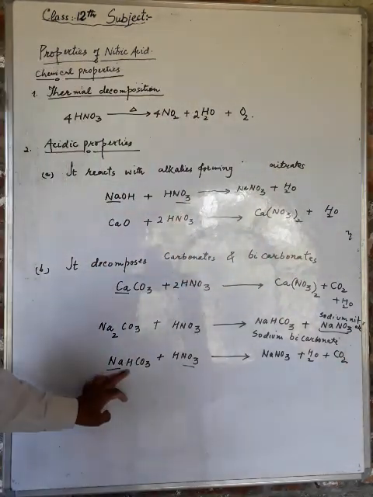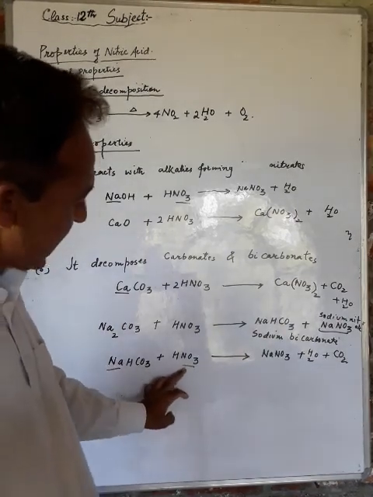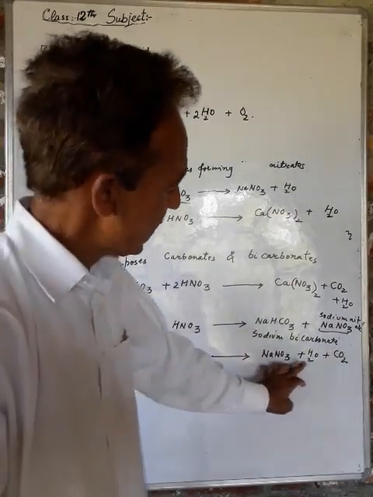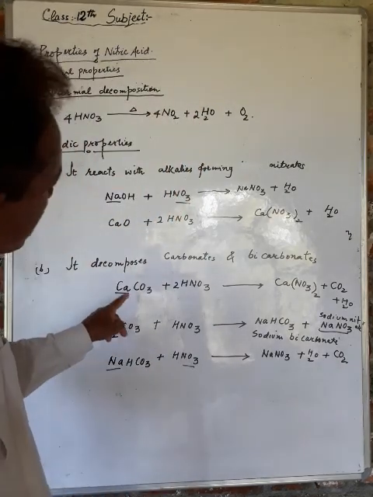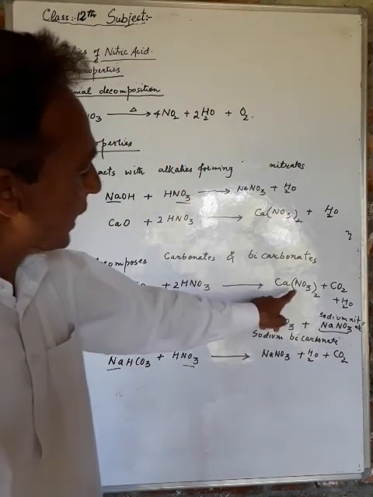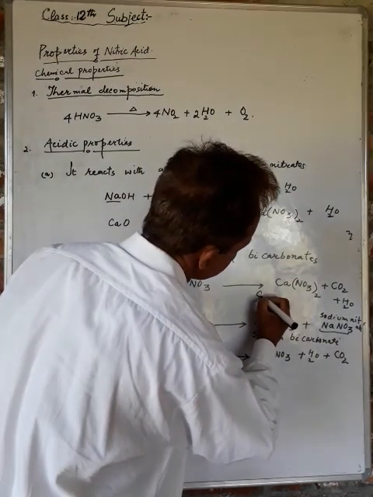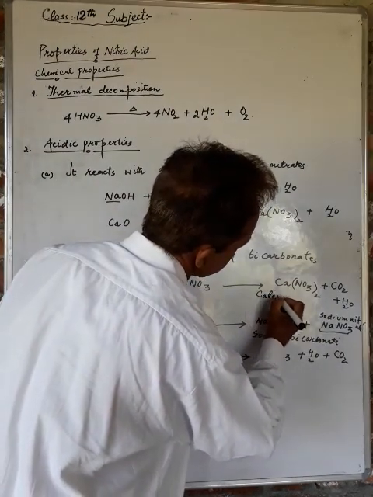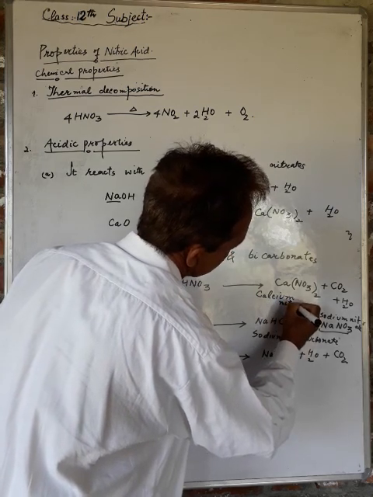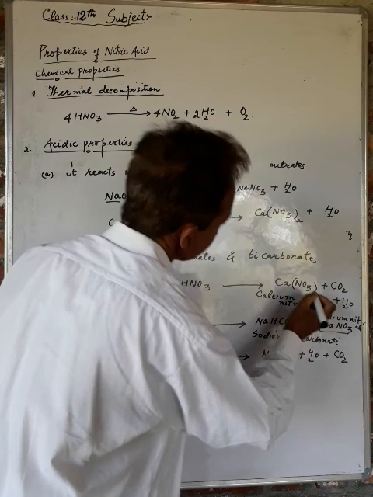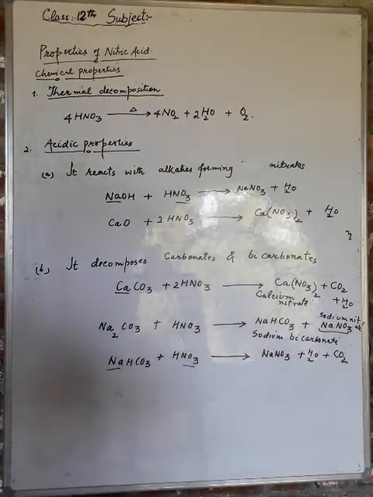This sodium bicarbonate again reacts with the nitric acid, forms sodium nitrate plus water plus carbon dioxide. So with the calcium carbonate, calcium nitrate is formed. These are some of the acidic properties.